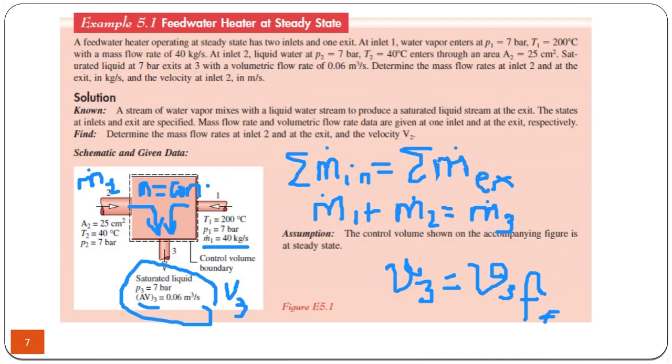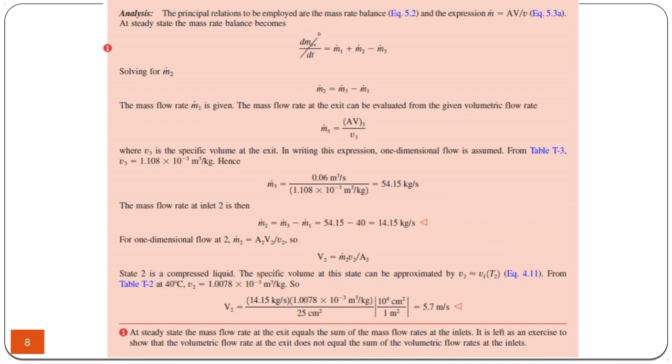So the specific volume of the compressed liquid can be found as v2, which is approximately equal to v2 at 40 Celsius.